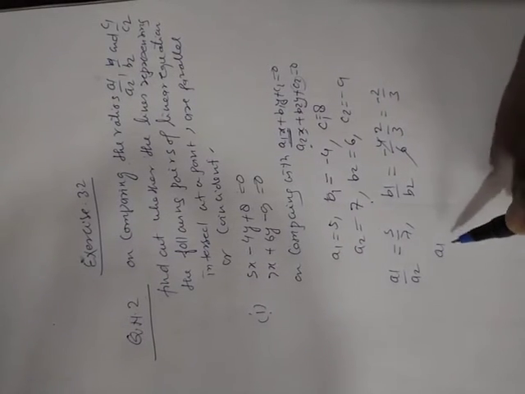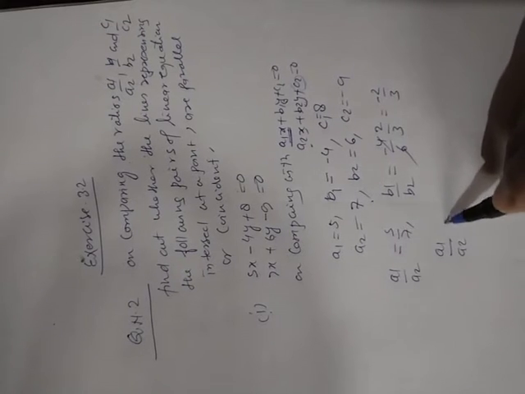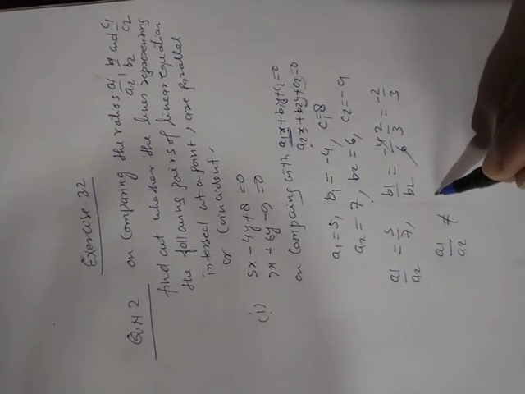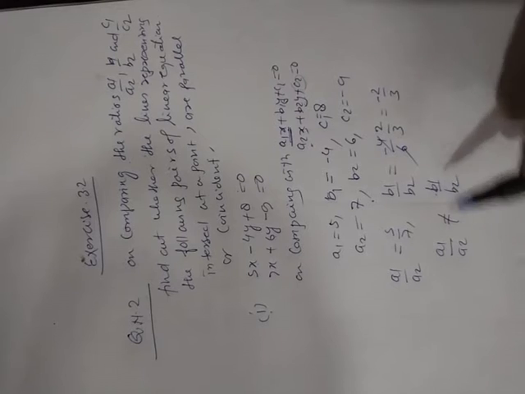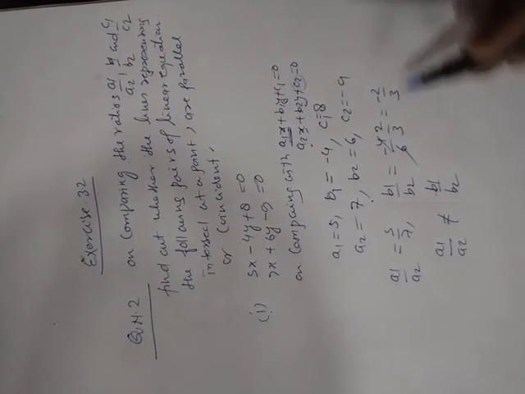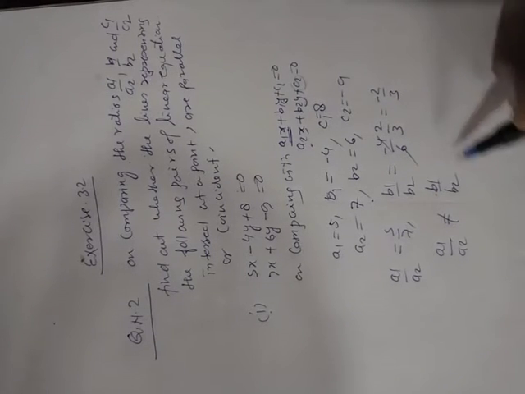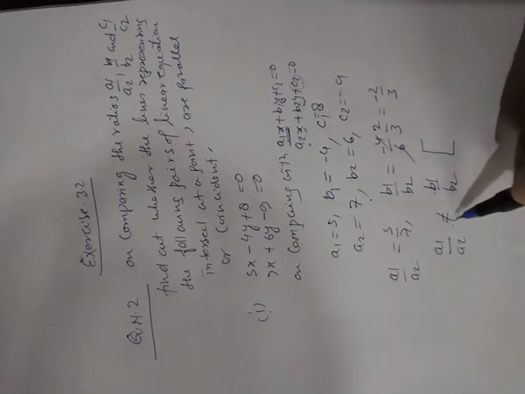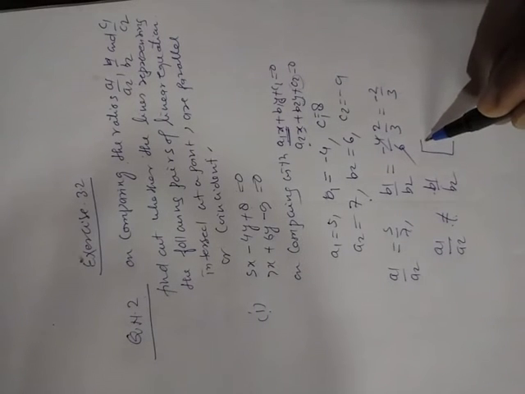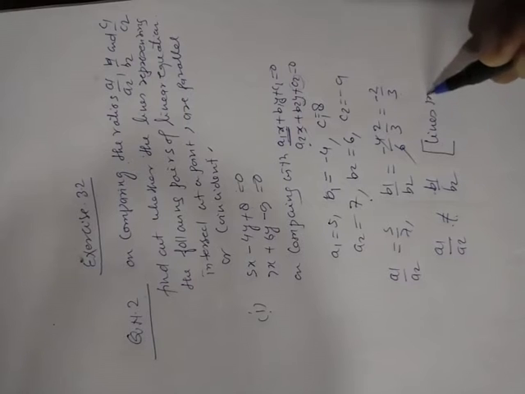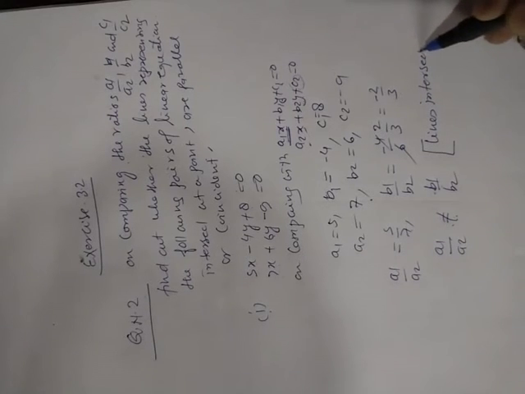Now A1 upon A2 is not equal to B1 upon B2, because it is 5 by 7 and this is minus 2 by 3. So in this case you can write: lines intersect at a point.